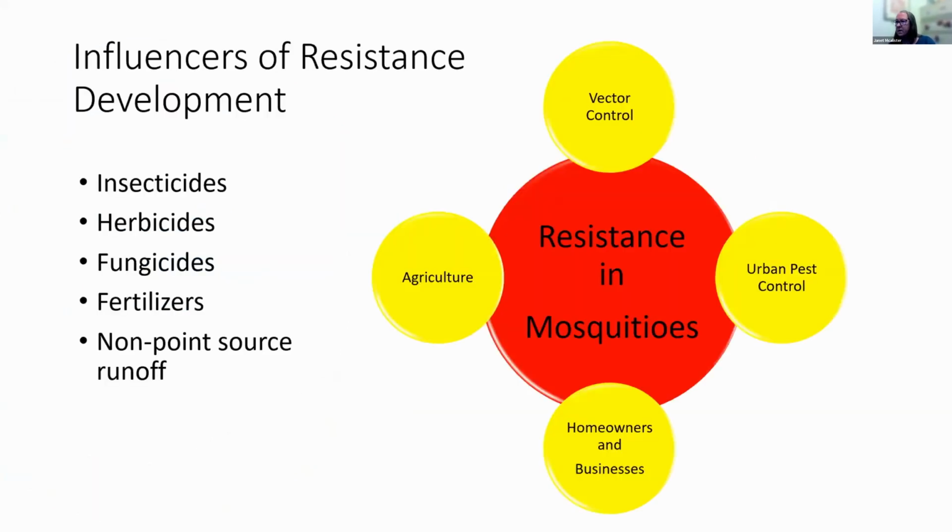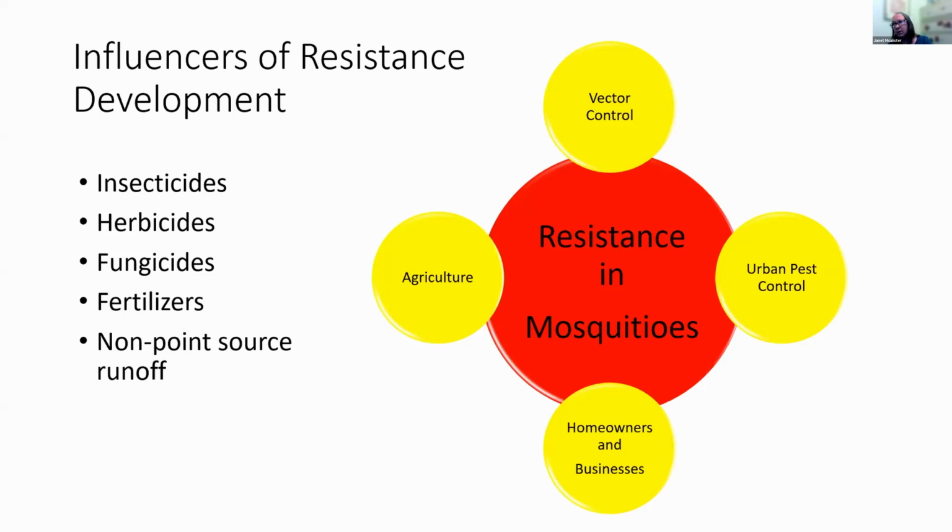And then I want to remind everybody, and this has been touched on by several of the speakers before, that what actually influences insecticide resistance to develop is not just vector control itself. There are influences on what's being used in agriculture. There are influences in what urban pest control companies might be using when people contract spraying for cockroaches or bugs in their lawn or their gardens. And then what homeowners and businesses may be applying themselves.